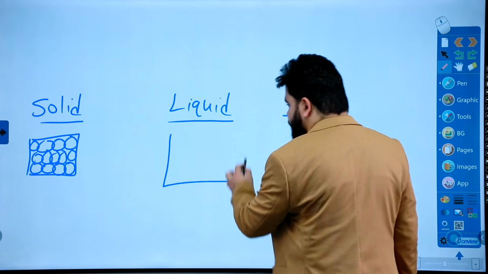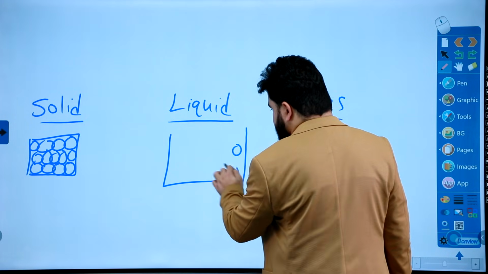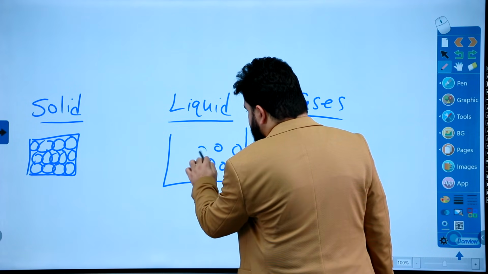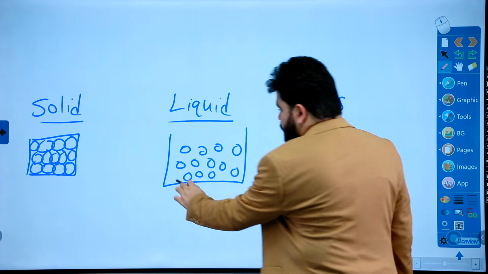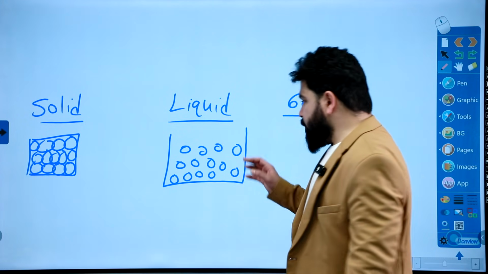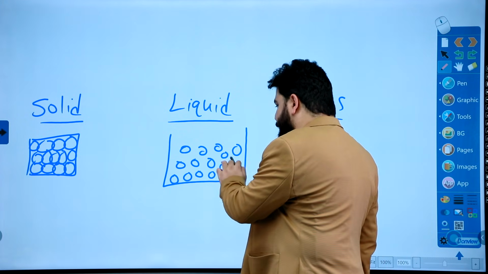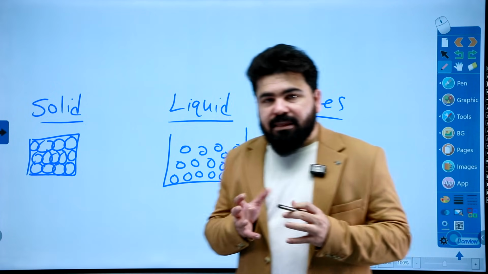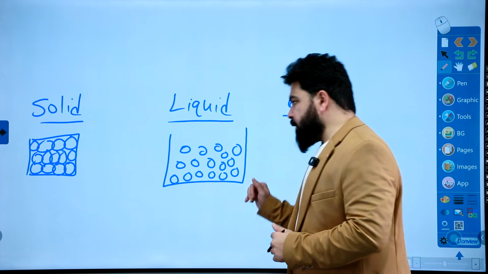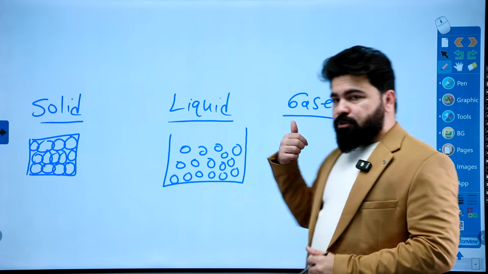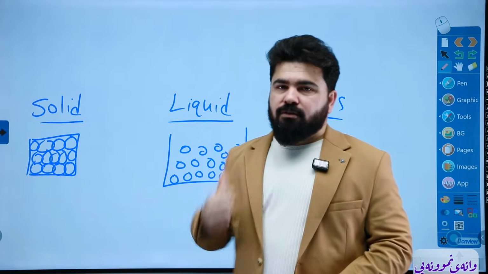Liquids, the difference between liquid and solid is really important because some students still confuse that. They say that particles of liquid are not close together. Be careful. Particles in liquid are close together, but they can move over each other. Okay, they can move over each other. That is why liquids don't have a definite shape, but they have a definite volume.